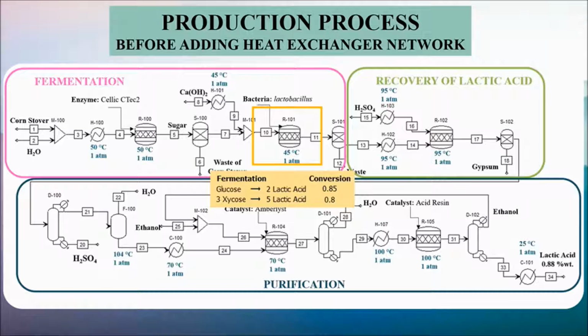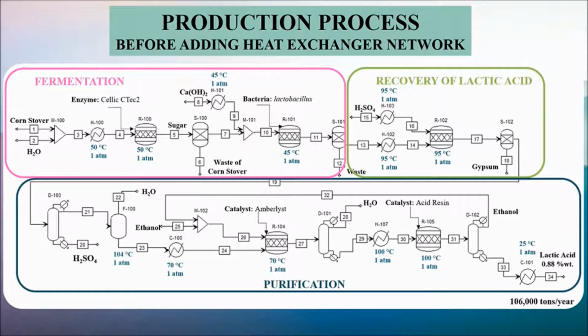Then glucose and cellulose are sent to the fermentation process in reactor R101 with lactobacillus at atmospheric pressure and 45 degrees Celsius, and calcium hydroxide is added to adjust the pH. In this reactor, glucose and cellulose convert to lactic acid. After that, residual waste is separated in stream 12. Next is the lactic acid recovery part.